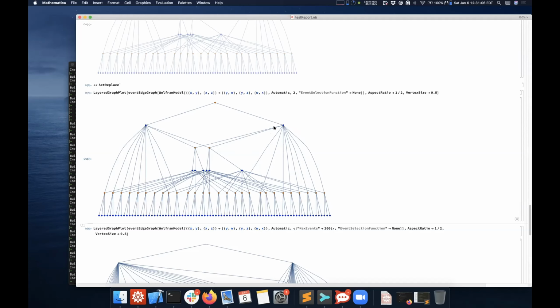Are we talking about the hyperedges, or the edges in this evolution events graph? Oh, the hyperedges. The vertices. Wait a minute. You're saying that an event that is created contains two vertices that are time-like related to each other.